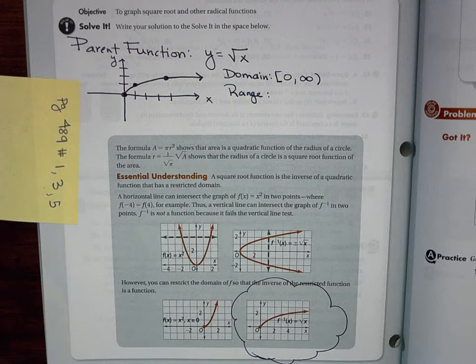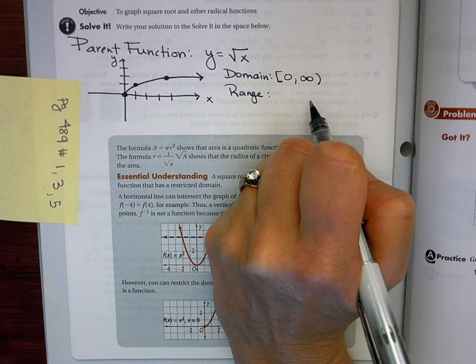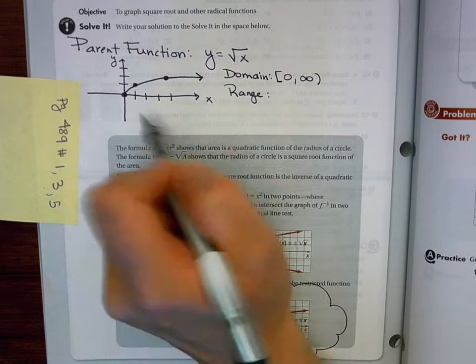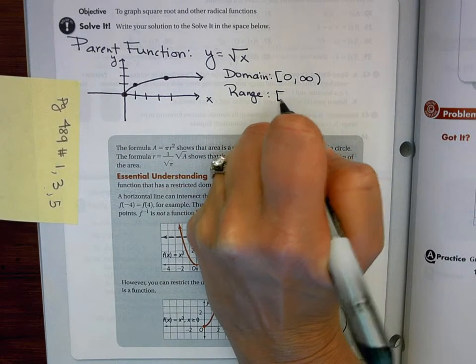So then for our range, do we go top to bottom or bottom to top? Bottom to top. Okay, so how low is the graph? How high is the graph? So the high part gets confusing sometimes because of the way it looks. So for sure the bottom's easy, right? It looks like the lowest is 0, so it starts at 0.